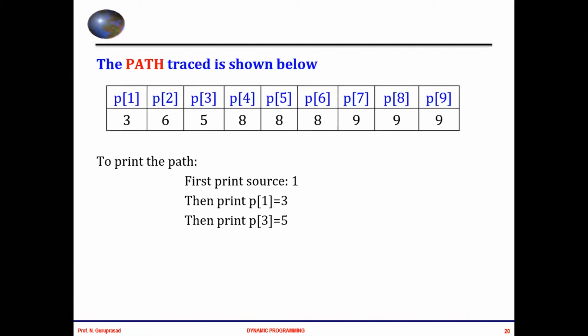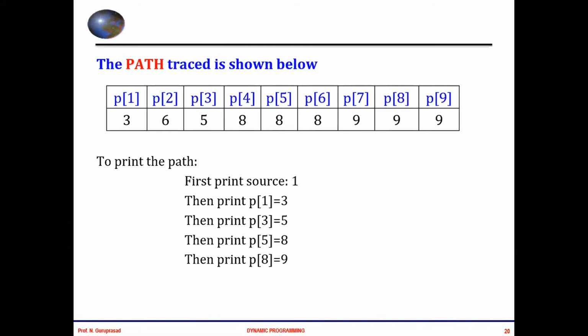Take this 5 and tell the value of P of 5. Correct. It is 8. So P of 5 will be 8. Take this 8 and tell the value of P of 8. That is 9. Got it?